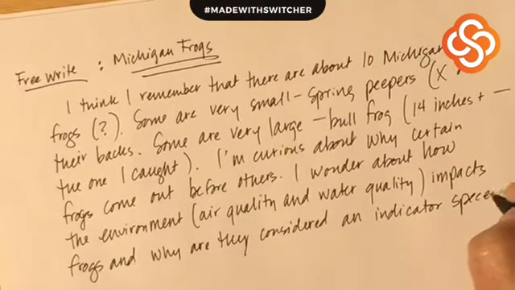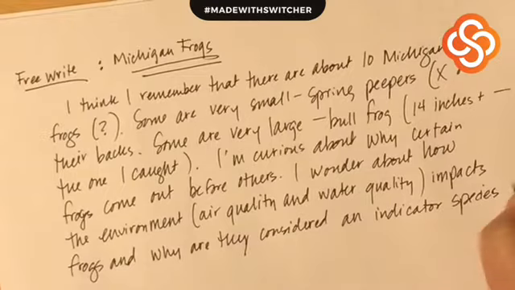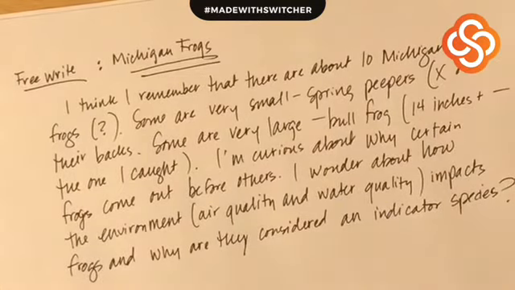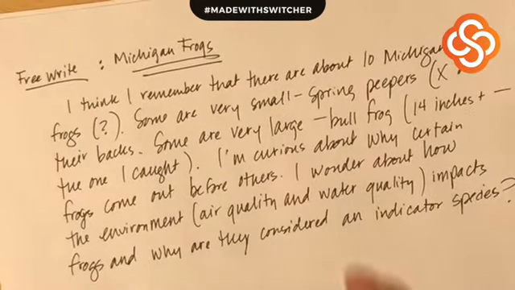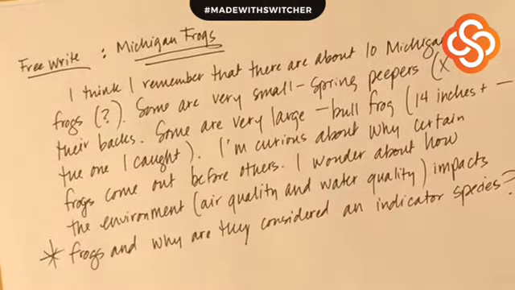So frogs are one of those species that are used to help us understand what's going on in the environment. If something's happening to the frogs, then there's something else going on. And this part, for me, is the most interesting.